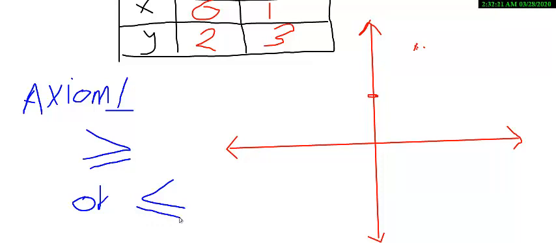But if the inequality sign does not contain an equal sign, that is axiom number 2.